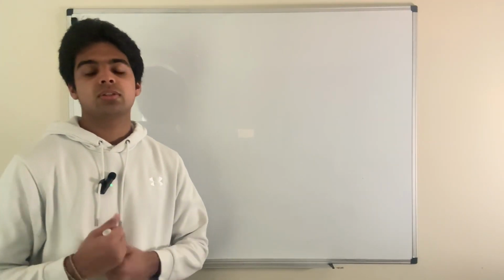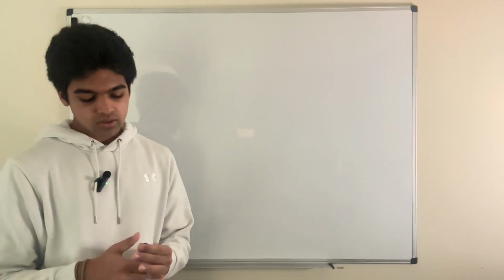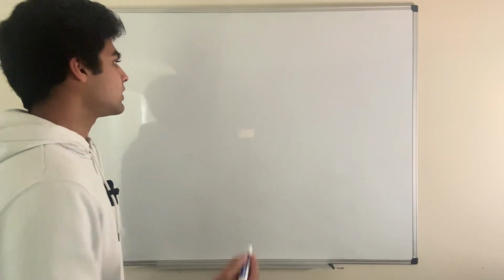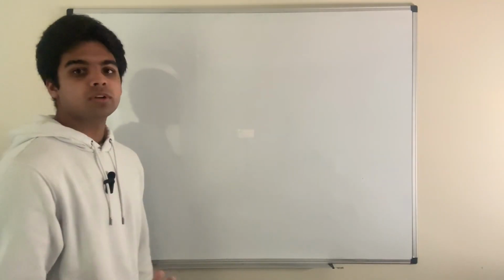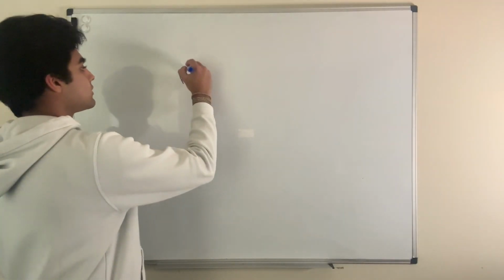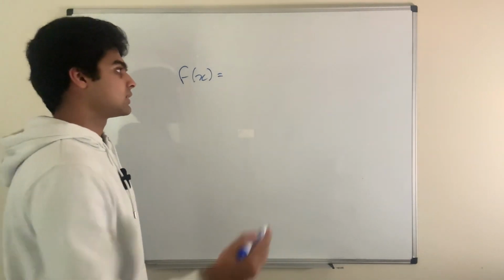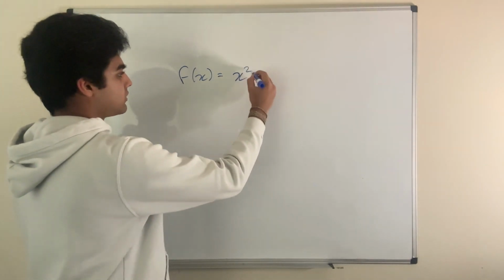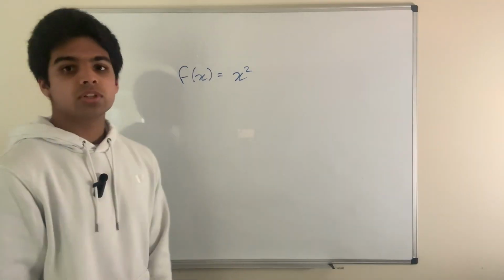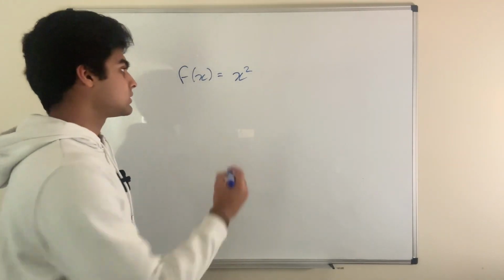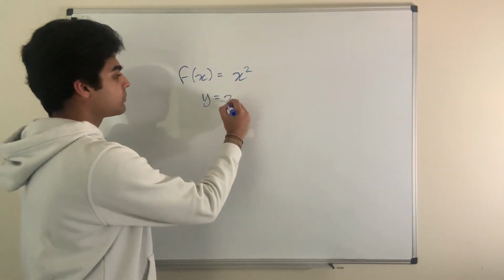Okay, so let's start with figuring out what an inverse function actually is. Now this is just some review from pre-calc, but just to be safe, we're going to go over it. So an inverse function, for example, suppose we had the function f of x, and we can set that equal to anything. So we'll say x squared for now. So instead of f of x, we can write y. So we can write y equals x squared.